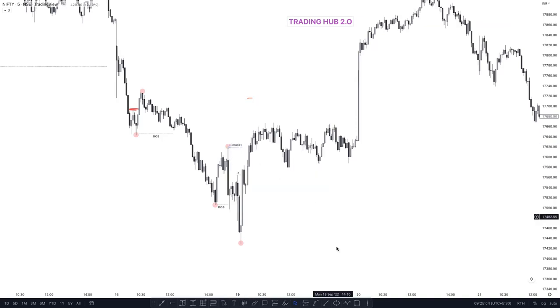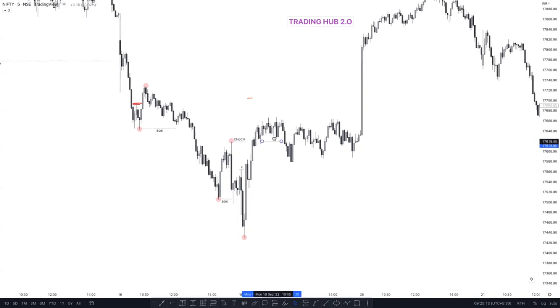Again, market pushes higher, and now we can see in this leg, this one is our minor inducement. Probably here also, yes, at this point, because this is a pullback and then market goes higher, right?